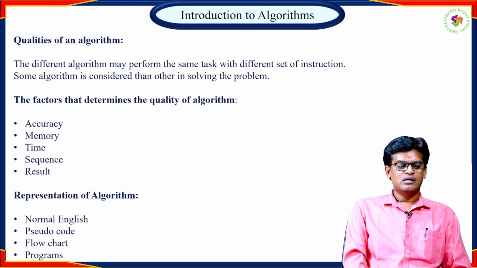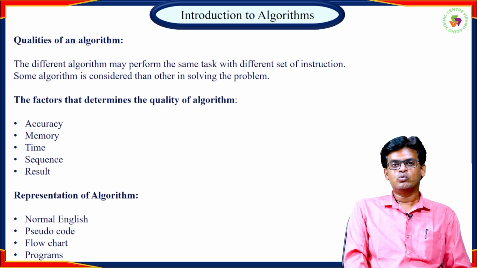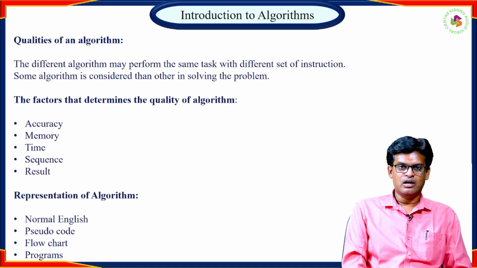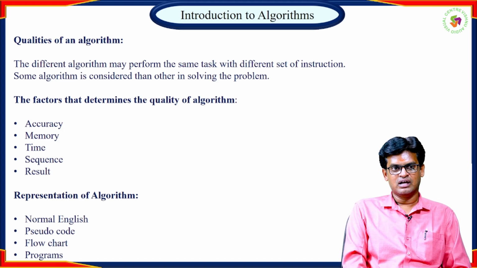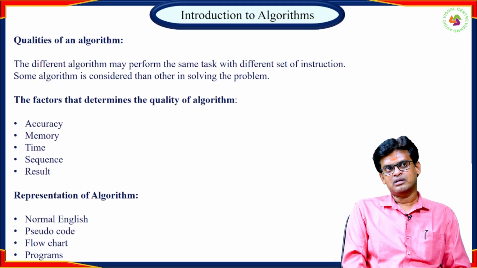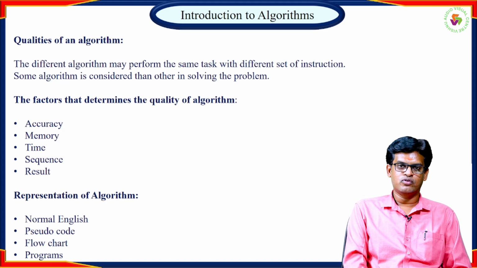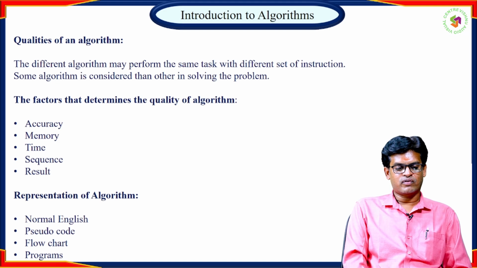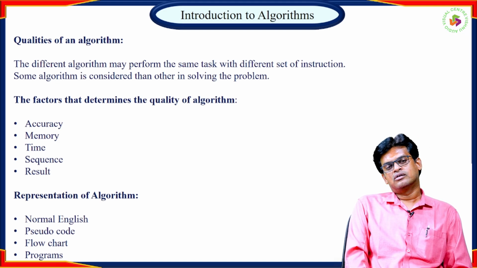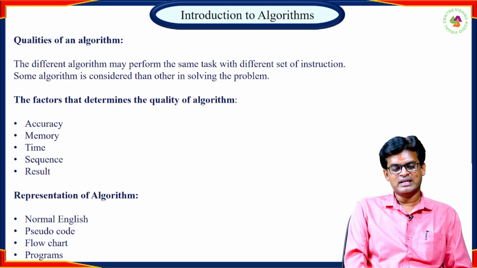Memory means how much space is occupied to store your instructions. Time means how much time is taken to execute our algorithm. Sequence controls the flow of your algorithm. And the result: your algorithm should produce good results. These are the five factors to choose your best, optimal algorithm.